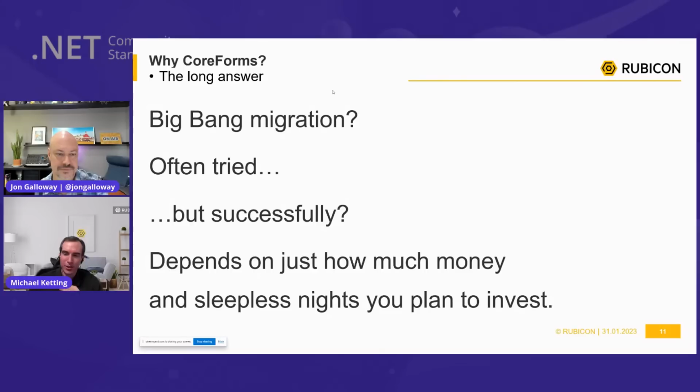Well, Big Bang migration is something you also see during public biddings quite a lot. And everybody always suggested it, people try it. Do they try it successfully? Experience tells you you need money and sleepless nights to be successful, because a million lines of code doesn't rewrite itself in a day.